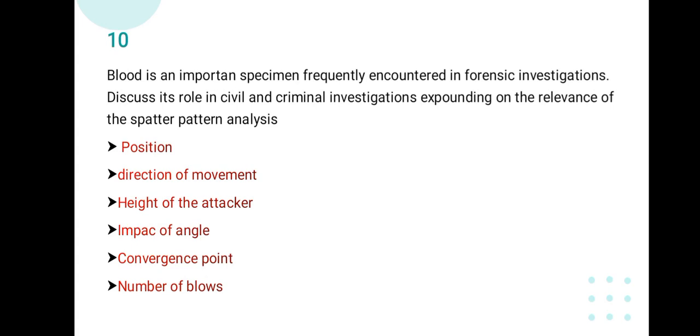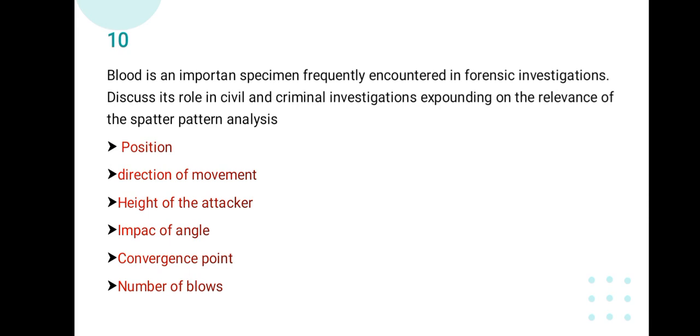We have a video on blood spatter analysis that would really help you in your revision, because we've explained it in detail. The information that you can get from spatter pattern analysis include maybe the position of both the victim and the assailant.